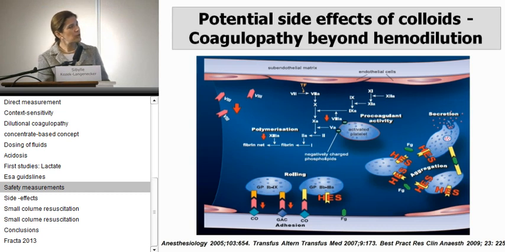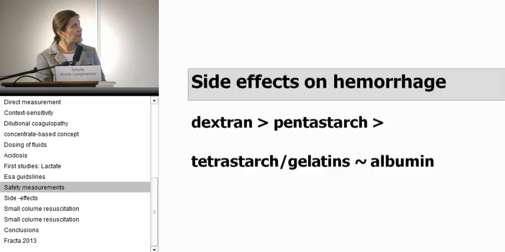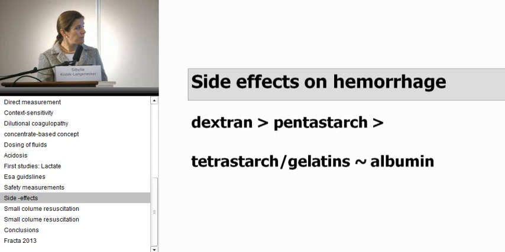There are coagulopathic side effects going beyond hemodilution, and this holds true for many of the molecules we have. The strongest effects on hemorrhage come from dextrans, which we do not use much anymore. Pentastarch has more effects than tetrastarch, gelatins and albumin.